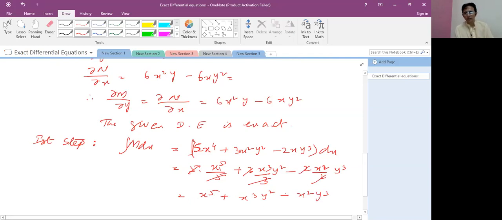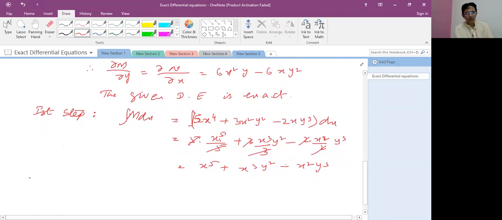Now in the second step, integrate. Which terms do we select from N, students?